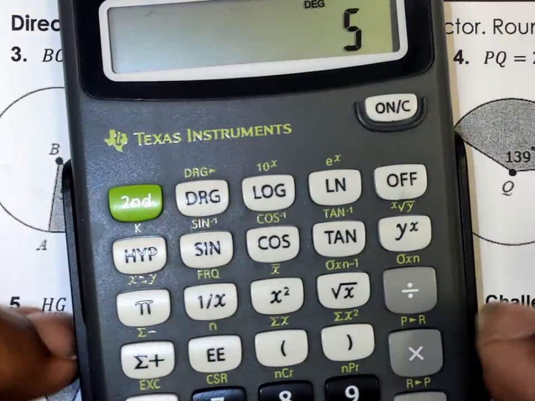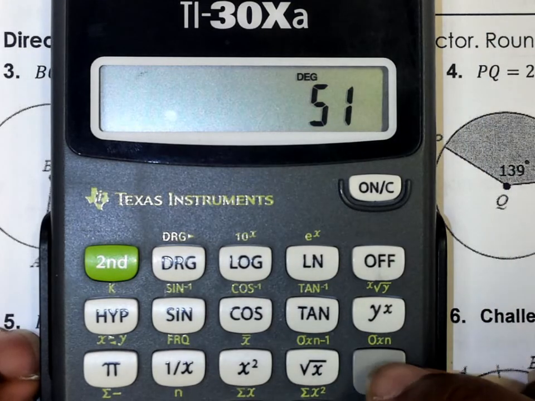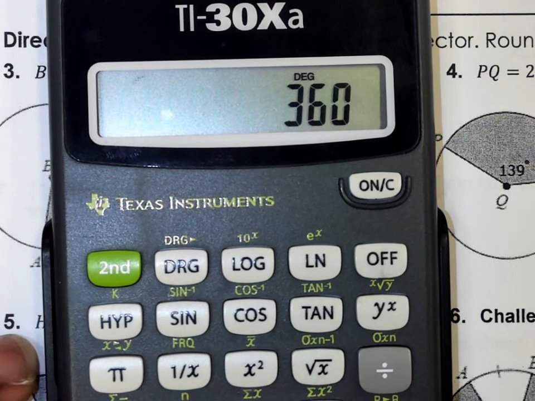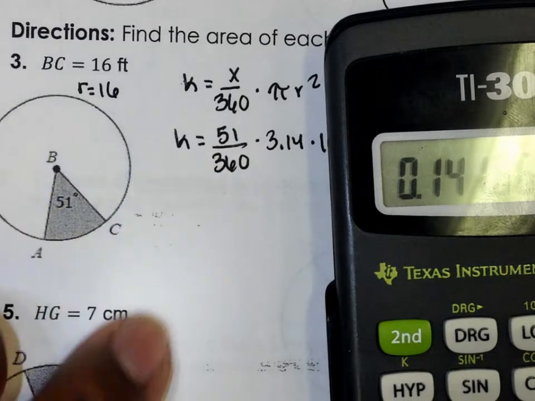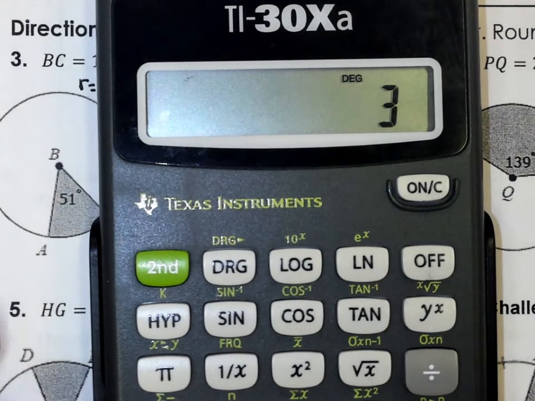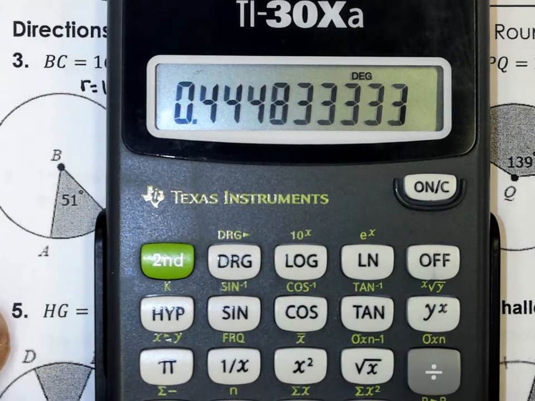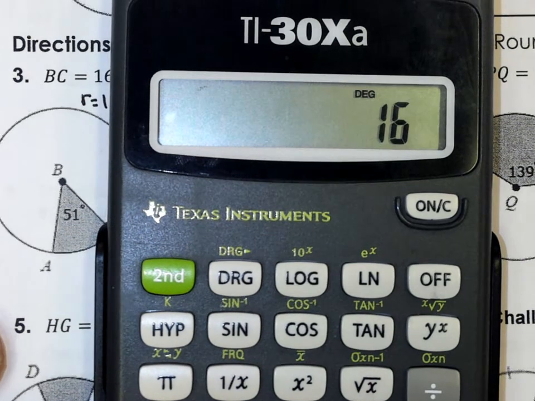So let me show you how I would put this in the calculator if I was you. 51 divided by 360. That's going to give me my decimal for this fraction. Then times 3.14 times 16 times 16.